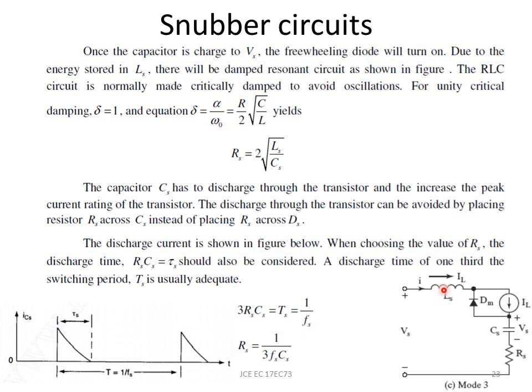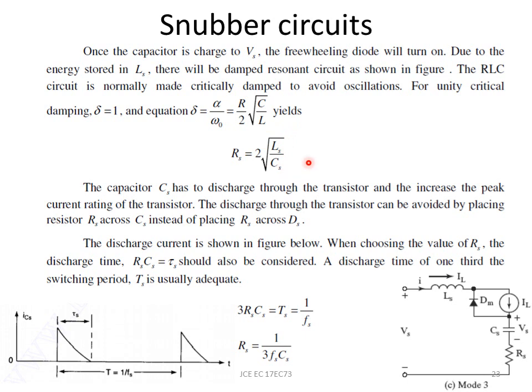For unity critical damping, that is delta equal to 1, we have the equation delta equal to R by 2 root of C by L. When delta is equal to 1, I get the value of Rs equal to 2 root of Ls by Cs.